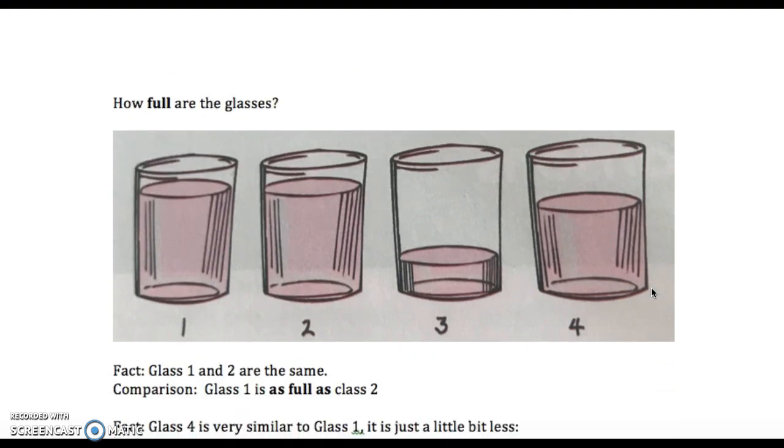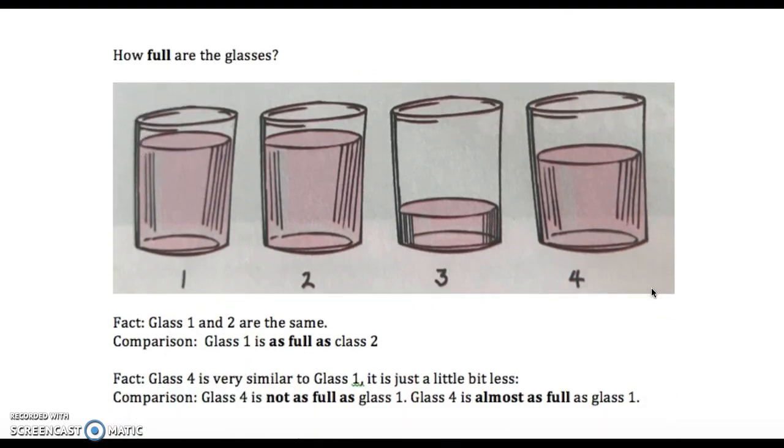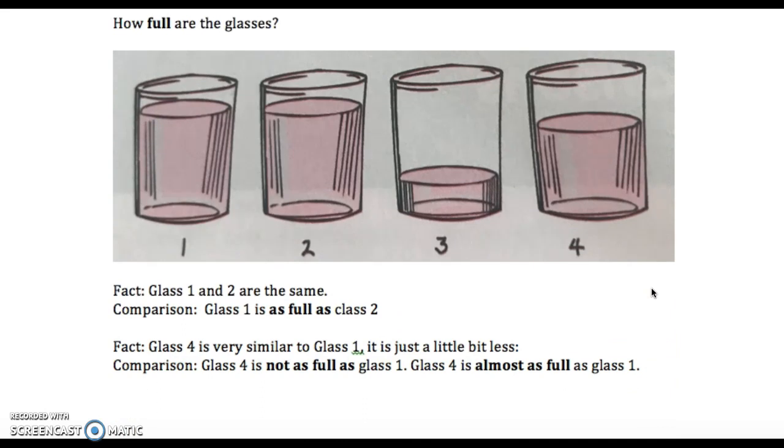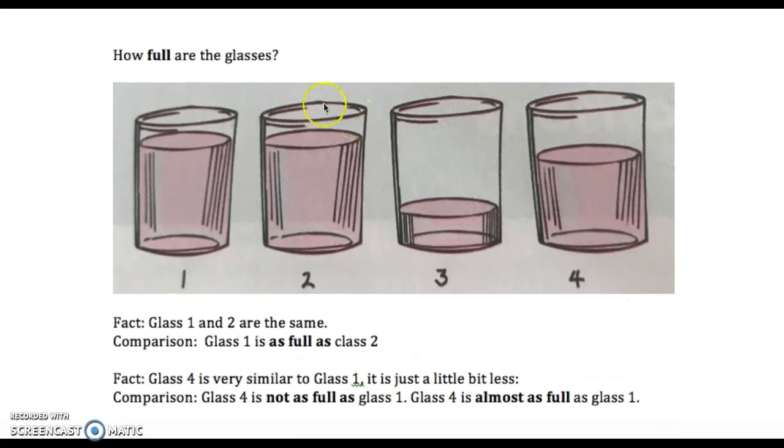So let's take a look at these glasses. The question here says, how full are these glasses? You can see here, we have two very full glasses, one not very full, and then one pretty full.